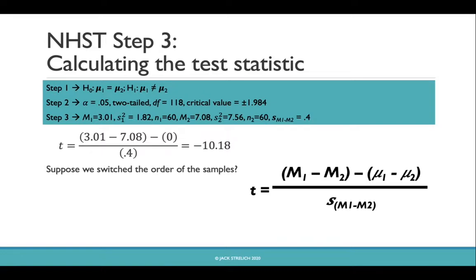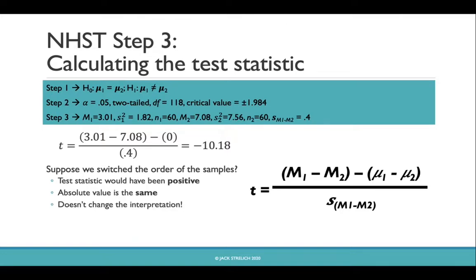It would just have a positive sign rather than a negative sign, and we would get a t-value of positive 10.18. But, as I mentioned, the absolute value of the t-score would be the same. And crucially, the order of the samples will not affect our conclusion about whether to reject or fail to reject the null. It's either significant or it's not, regardless of whether it ends up being positive or negative.